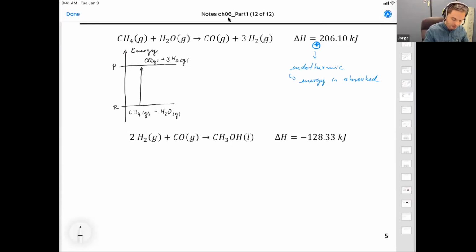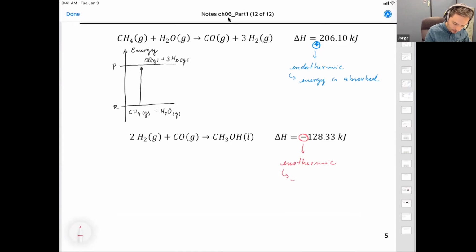Okay. First thing, let's determine if this reaction is endothermic or exothermic. Now, the negative sign here, the meaning of that is the reaction is exothermic.